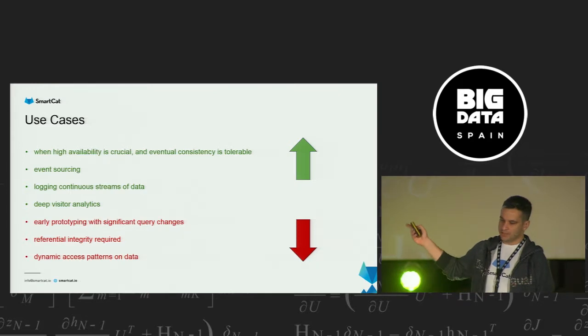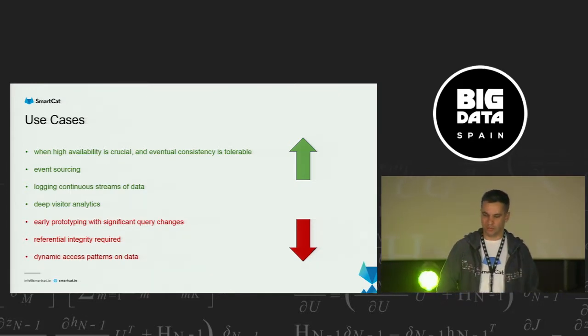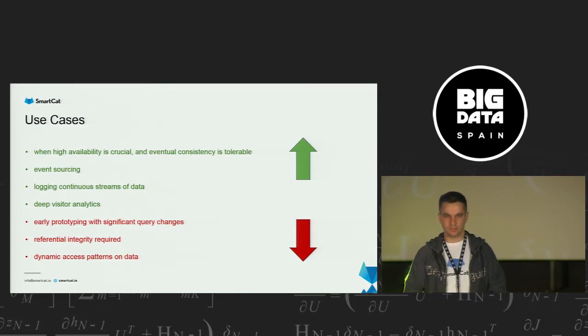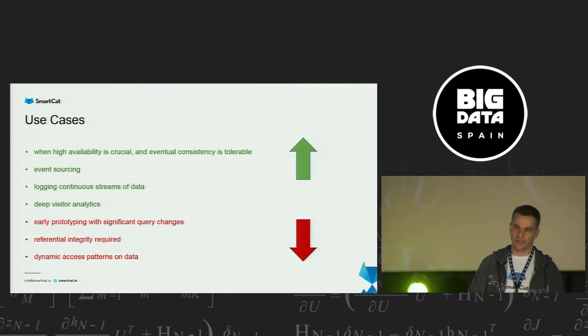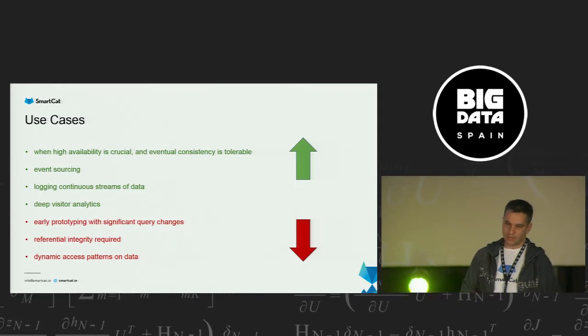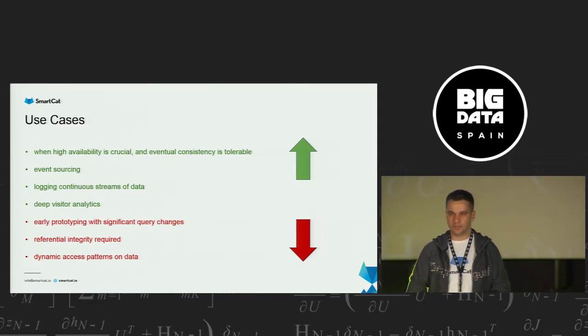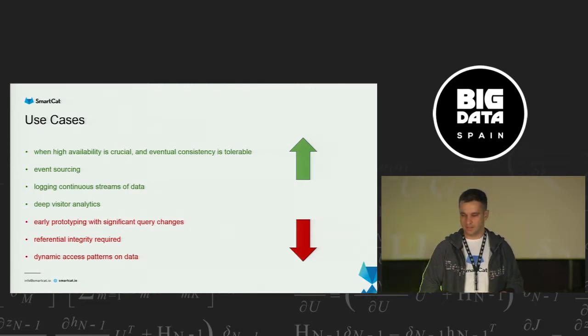You should avoid Cassandra in early prototyping phases. A better choice, in my opinion, is MongoDB or some kind of relational database, because each transition to a new way of querying data would result in remodeling your data, and this will slow you down. A better thing is to just use some prototyping database and move to Cassandra when you are certain that Cassandra fits your use case.